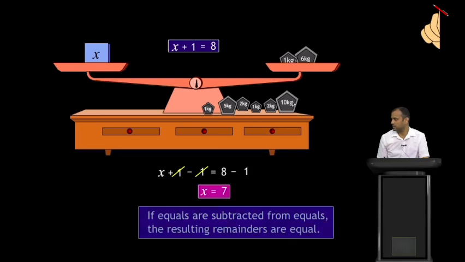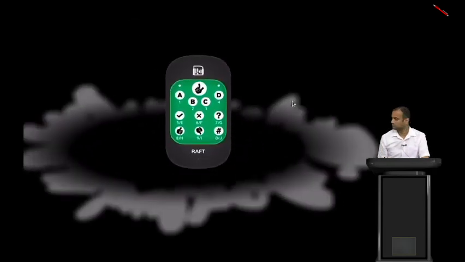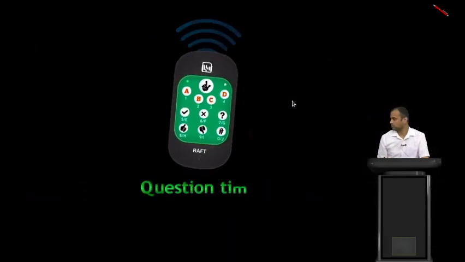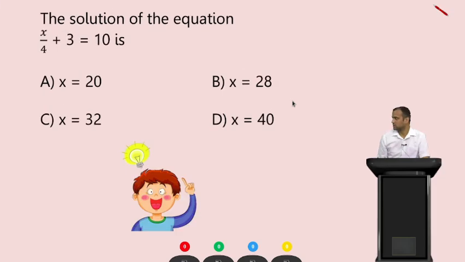So if we subtract equals from both sides, we get the equal.